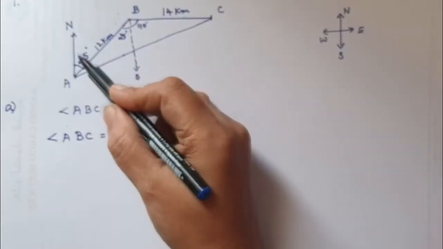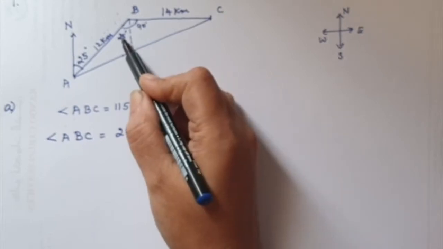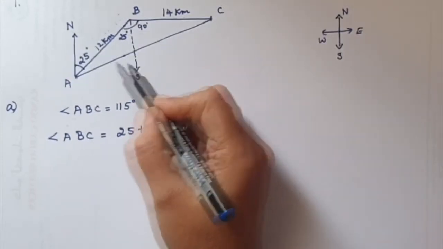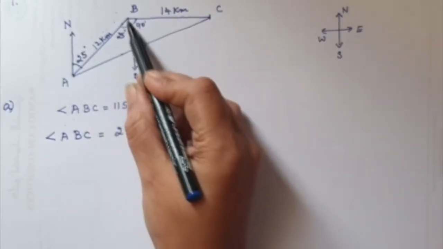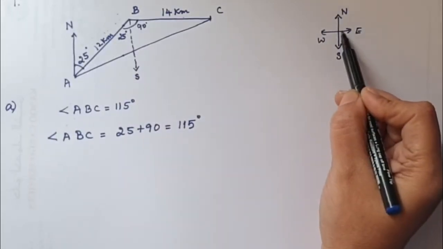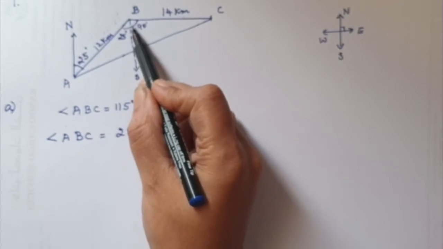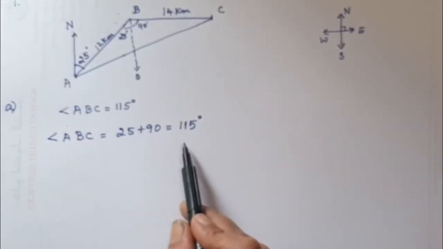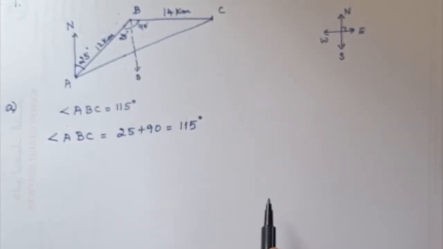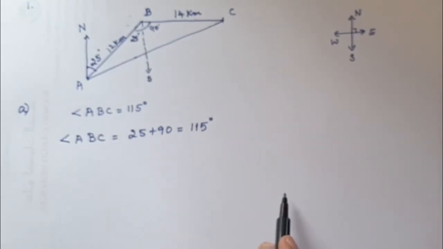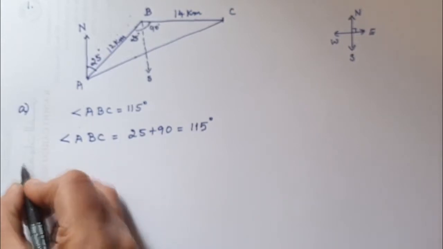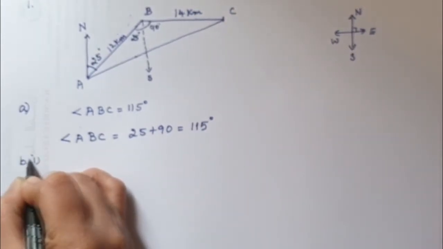Because of alternate angles this is 25, and north and east make 90 degrees, as we know. So 25 plus 90 equals 115.